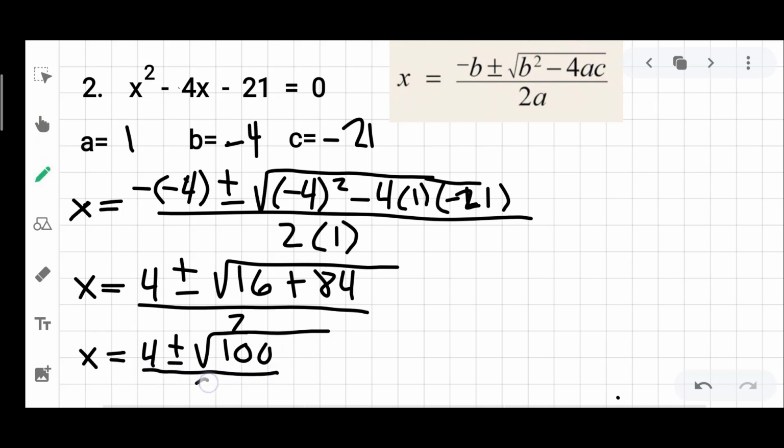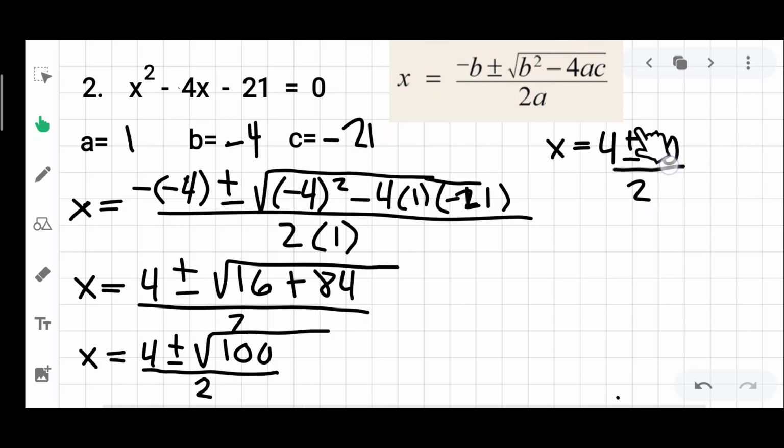Then, all over 2. Next, we have x equals 4 plus or minus. Ano nga ang square root ng 100? Yes, ang square root ng 100 is 10 over 2.